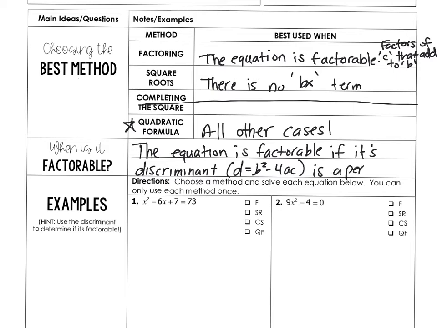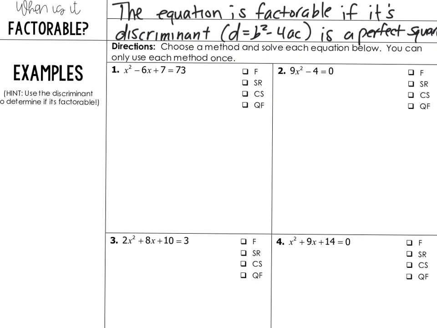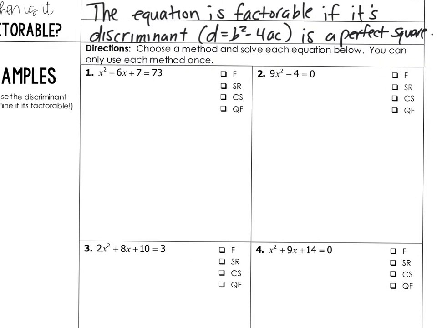So like 1, 4, 9, 16. But I think it's easier to think about something as factorable if you have factors of C that add up to equal B. All right, so number 1, choose a method and solve each equation below. You can only use each method once.